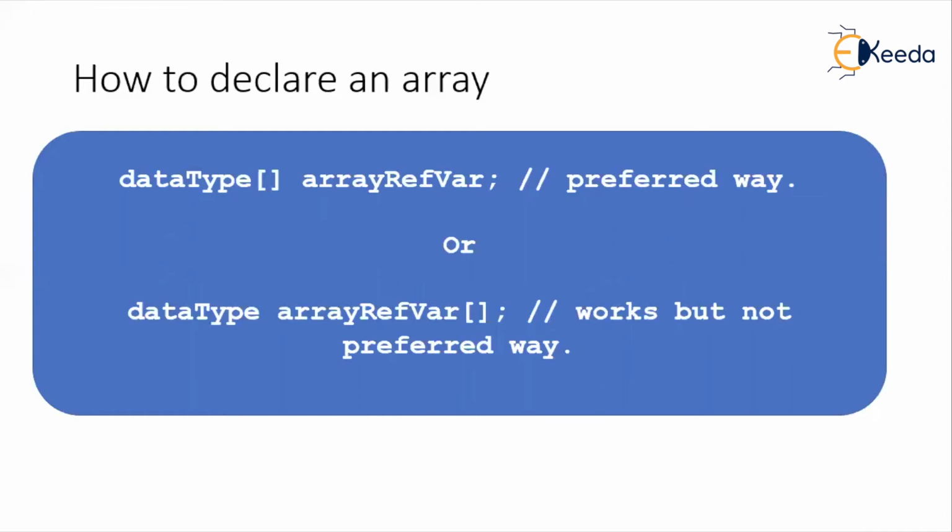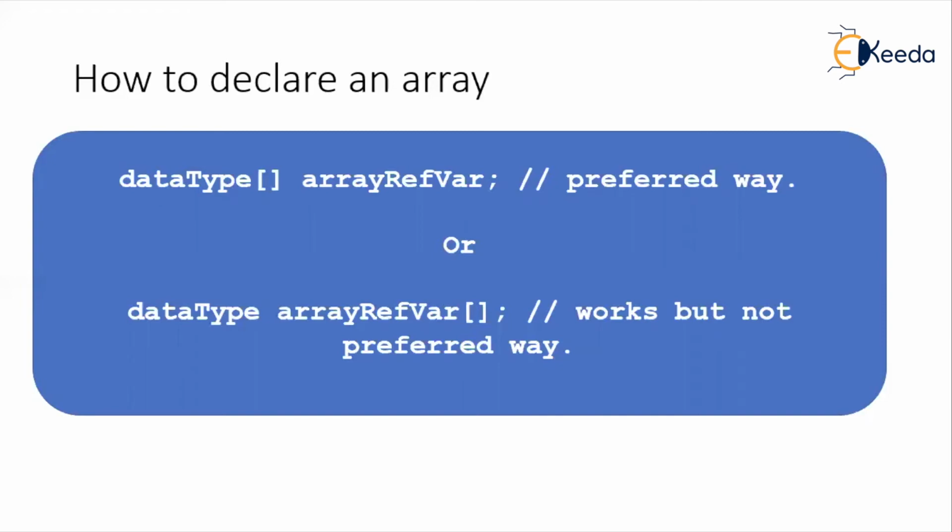This is just the declaration of the array. We haven't yet created the array, and we haven't yet assigned values to the array elements. So: data type, square bracket, and then the name of the array. Another way is data type, array name, and then square bracket. However, the first way of declaring an array is the preferred way, because this is the specification of Java.